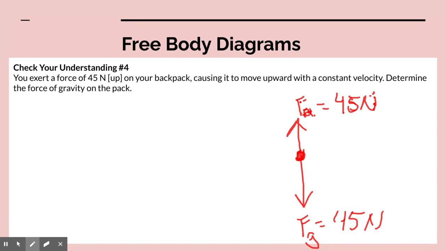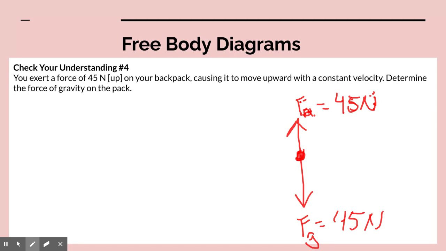Now, let's say in this question, to maybe clear it up, it mentions that you pick up your backpack at such a rate that it flies over your head, and you almost lose your grip on it.